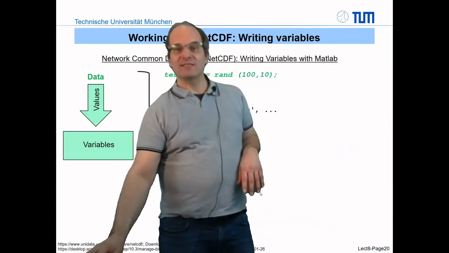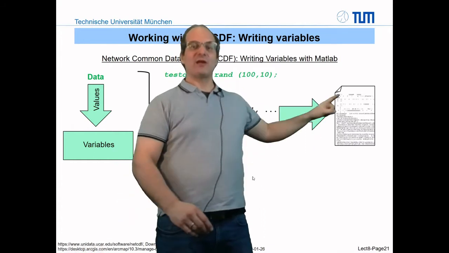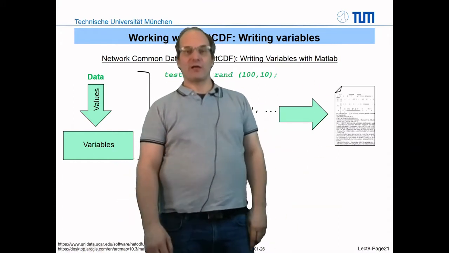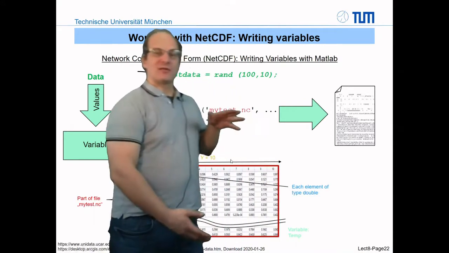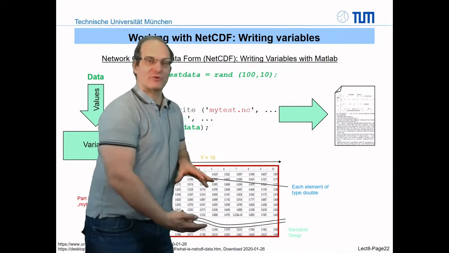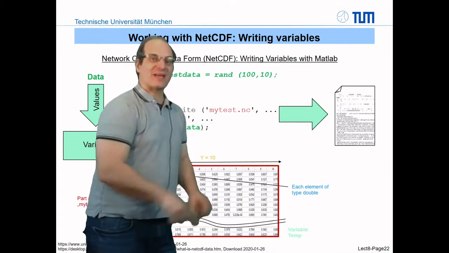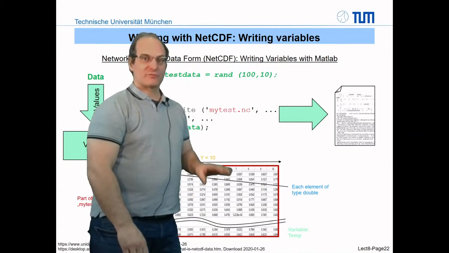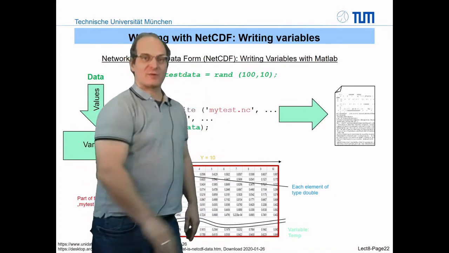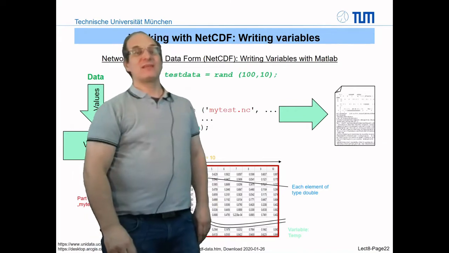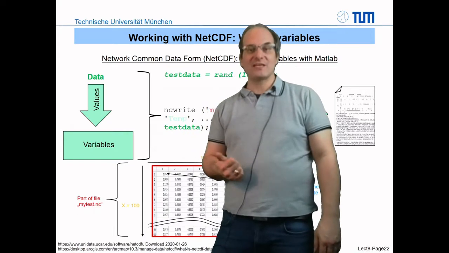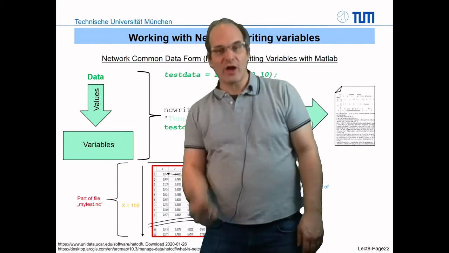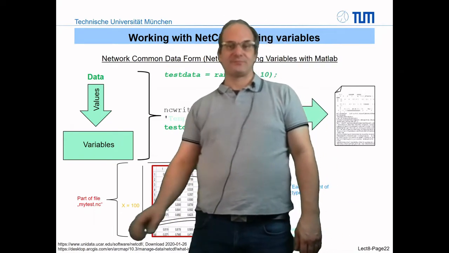It writes the file again, and then you have the binary data in your file. So what you get now is the same matrix as before, and now data are filled in. For example, in my case I used randomized data, so data are now in this file. Two functions: the first function is to create, and the second function is to write the variable content.